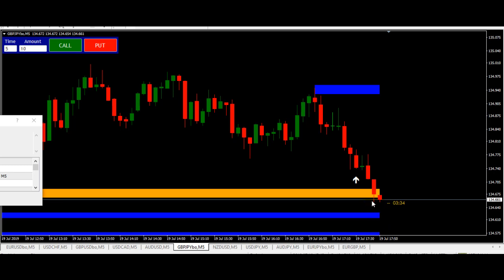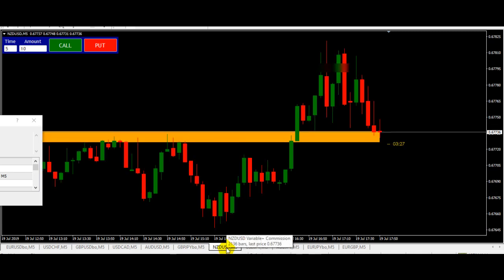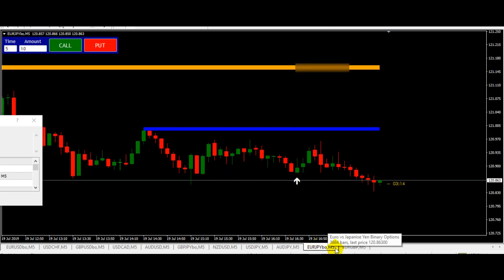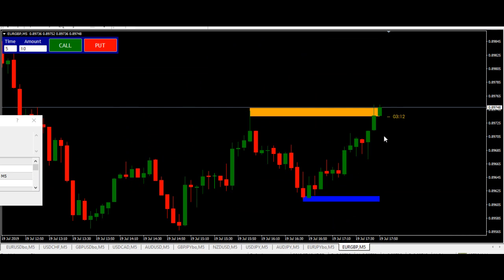Once there is a pop-up, I'm going to trade up. This pair has too much of wicks. Look at the long wicks. So I may not take that trade. Continuation pattern. Let's see what happens there.